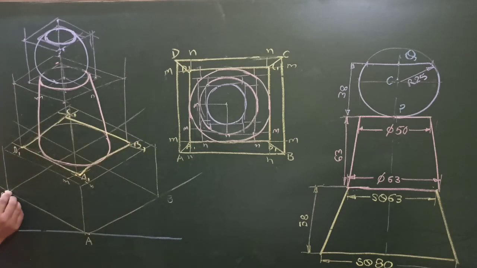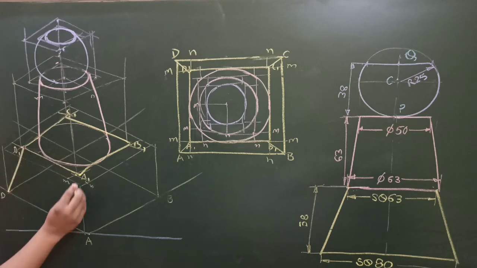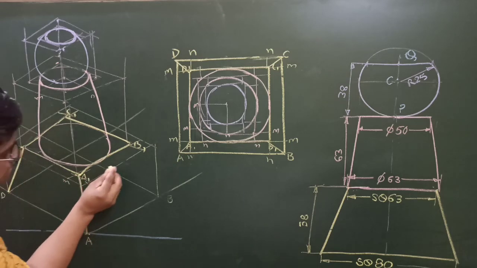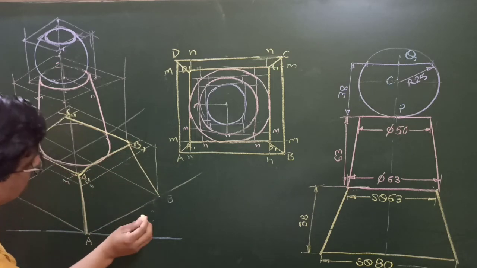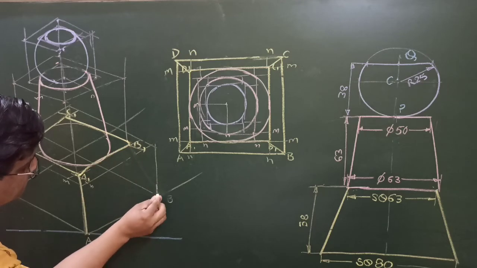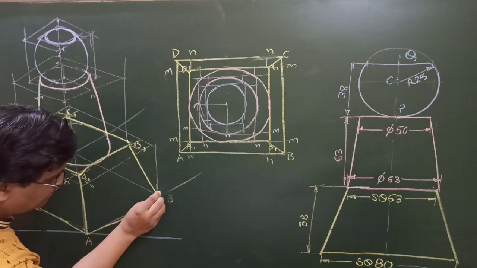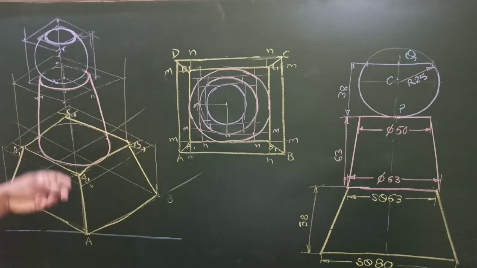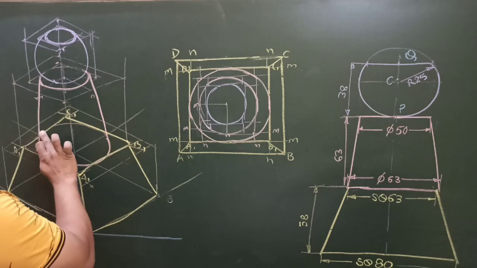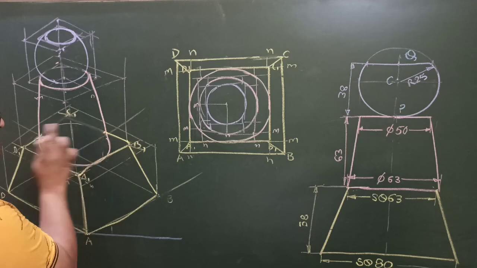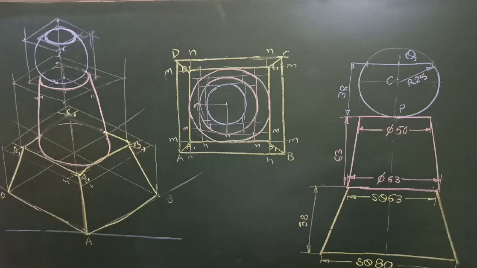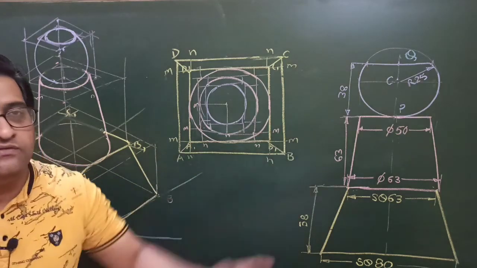And you can join the bottom faces like this, and then the bottommost lines are to be darkened. So in this manner you can see here, this portion will not be darkened because this is not visible to you. So in this manner you can draw the isometric projection of this figure here.